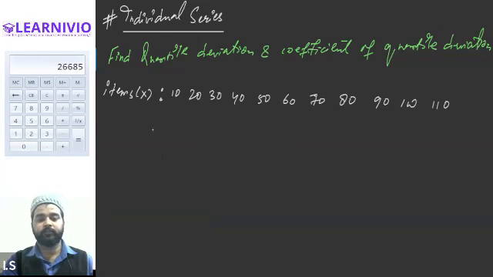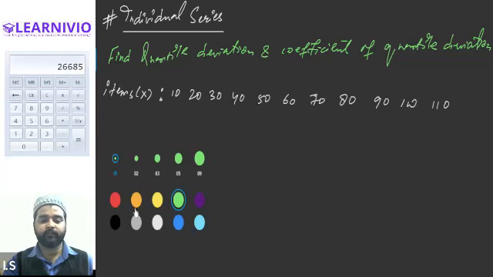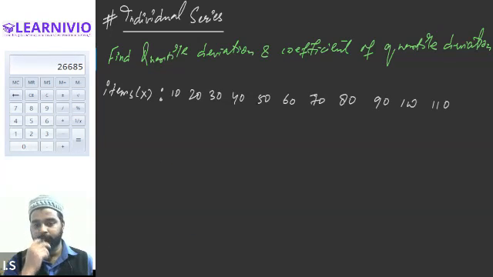I always tell students, whenever a question asks you to calculate something, first write down the formula for that particular thing. In this question we need to calculate quartile deviation and the coefficient of quartile deviation.